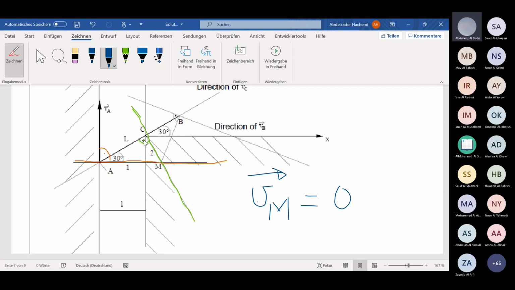We make the projection of L along Y direction and minus this distance too.